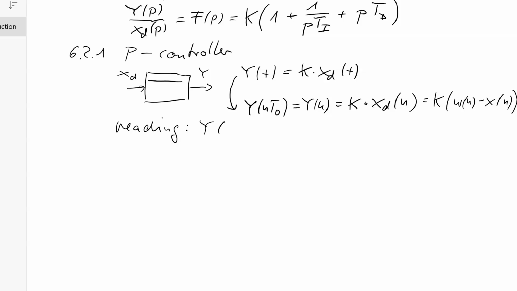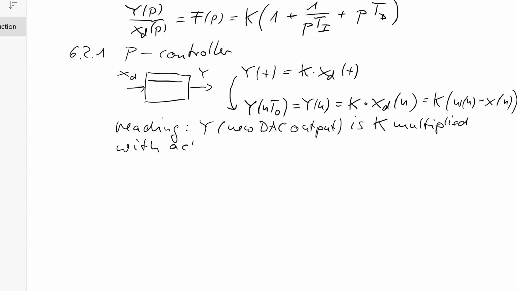So y new, the DAC output, is k multiplied with the actual control difference.